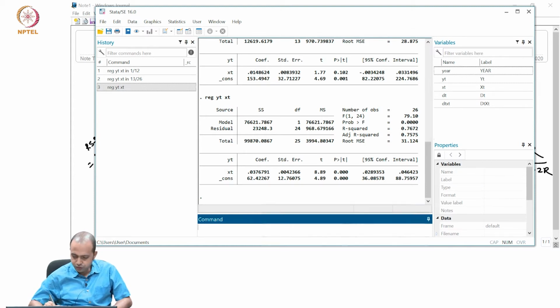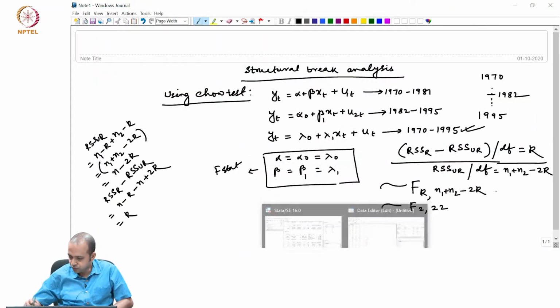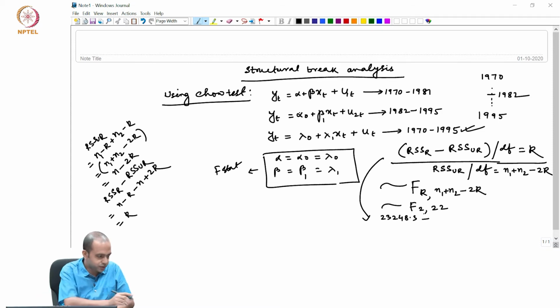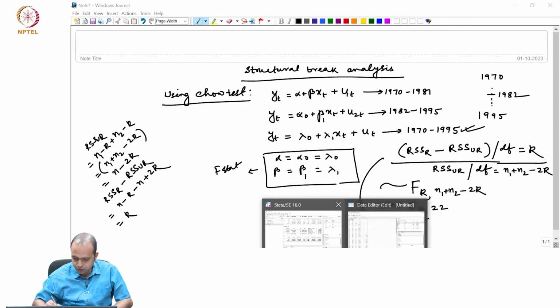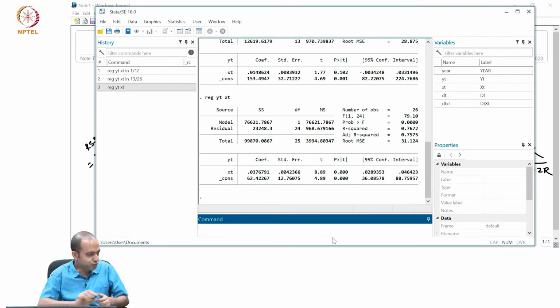23,248.3. If you look at this formula, RSSR is this. So, from this what I can say is 23,248.3 minus, what you have to do, you have to take these two RSS.